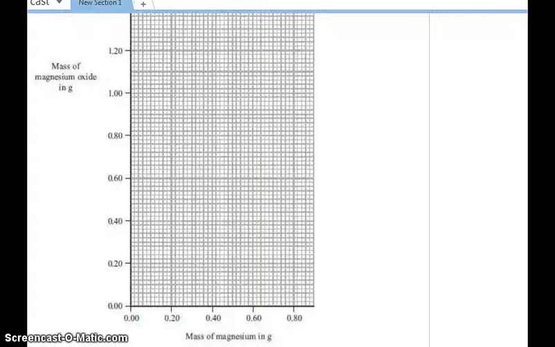When we draw a graph, we always go along the corridor and up the stairs. So the x-axis is the mass of magnesium in grams, and the y-axis is the mass of magnesium oxide.